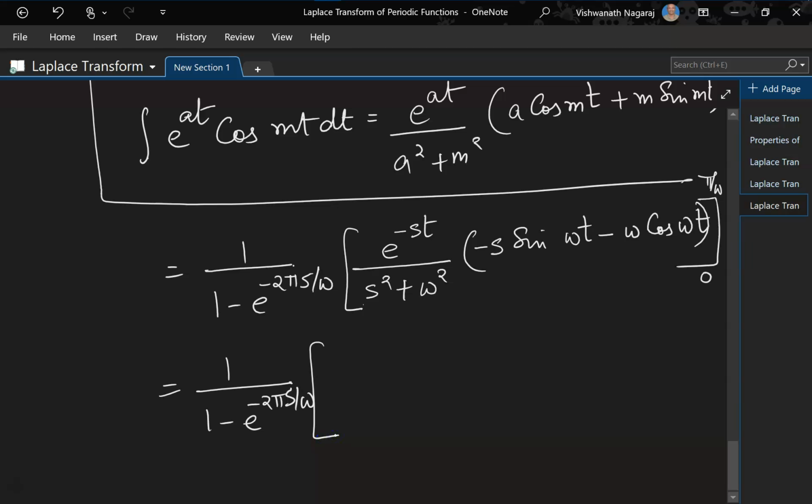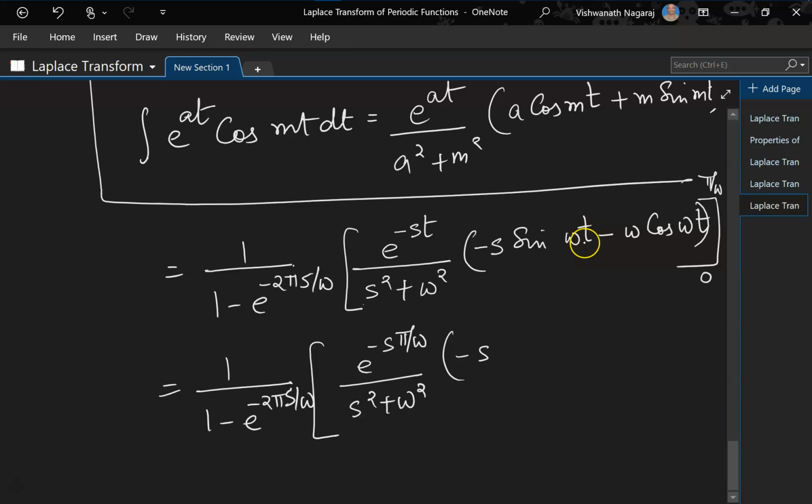Let's apply these boundary values. So e to the power of minus st is pi by omega by s square plus omega square. We could have taken it out. Minus s sine omega t: omega times pi by omega, so omega cancels, pi is left.